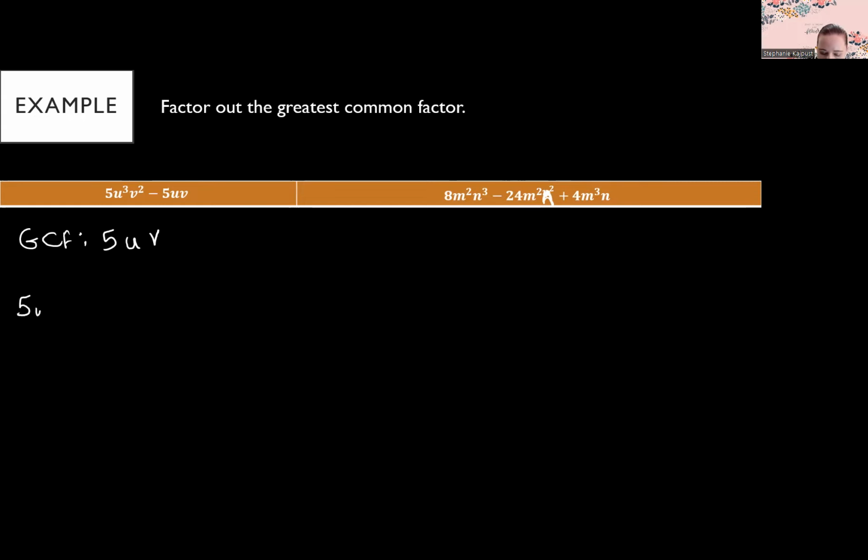I'm going to put that in the front, and then I divide each term by the greatest common factor. I just make sure that my u's and v's look different so that I don't get confused.